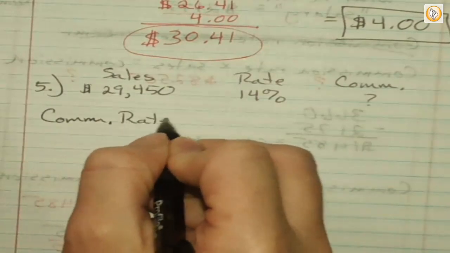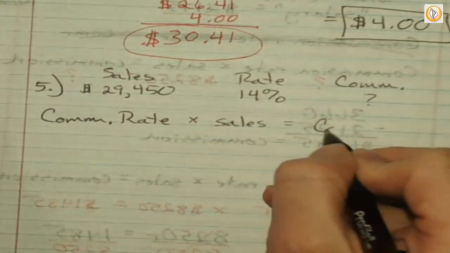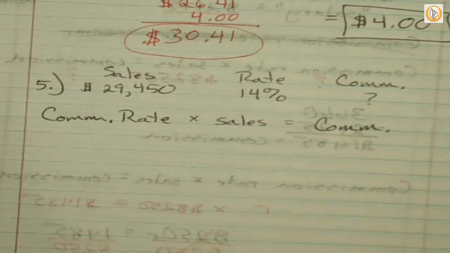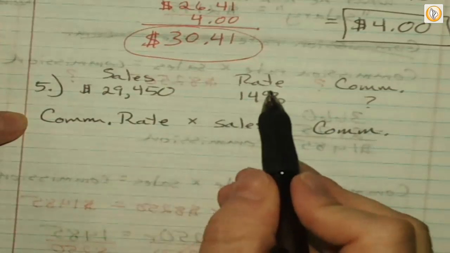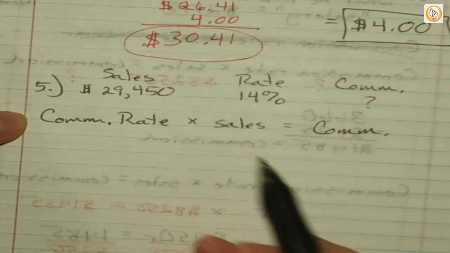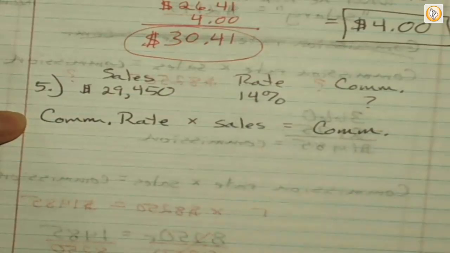Commission rate times sales, good job, Valeria, equals commission. See what I'm saying? They're going to give you information. You just go through your formulas and see which one works. So Valeria, they gave us rate and sales. So we just do our calculations. What do I need to do this percent?